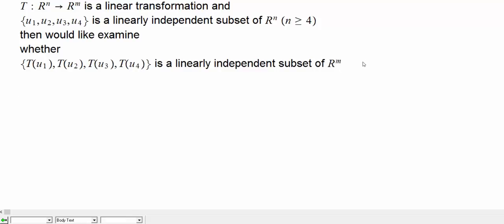So what will the criteria for that be? Linearly independent means not linearly dependent.